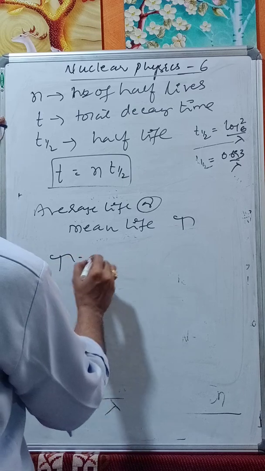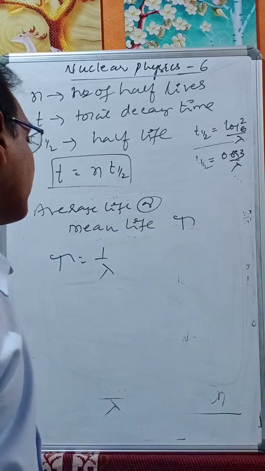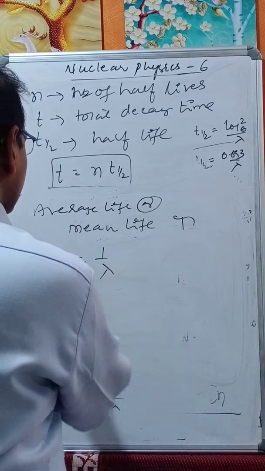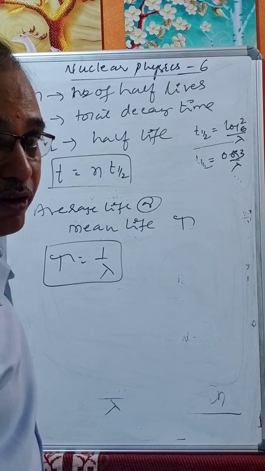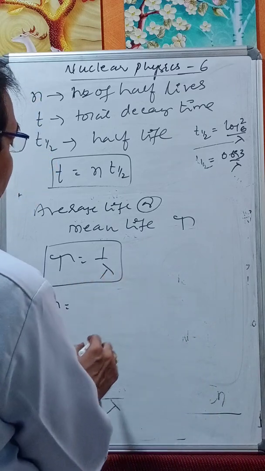The reciprocal of decay constant is called average life or mean life. This implies tau is equal to 1 by lambda.